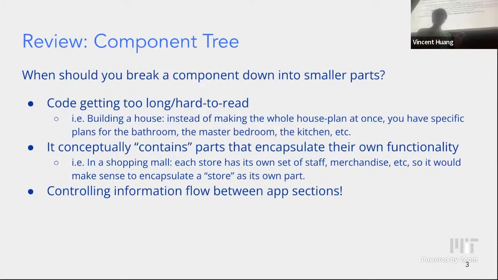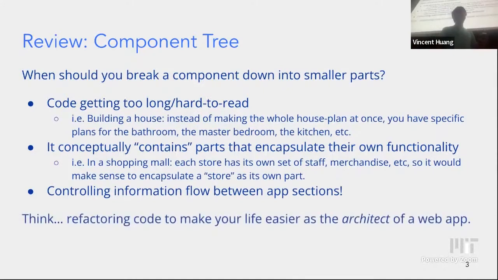That makes it very easy to write bugs. Instead, you want each section of your website to only have access to the information that it needs to function, right? You can imagine if you're coding Facebook as one component, and each comment in Facebook has access to all the user info from all the users, that would be pretty weird.